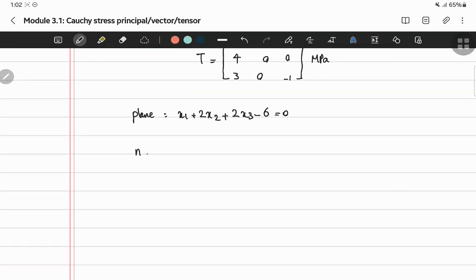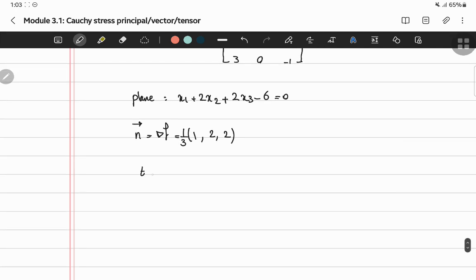So in order to find this vector n, you can calculate the gradient of f. So we have 1, 2, and 2. Since this is normal, the dimension is 1 divided by 3.